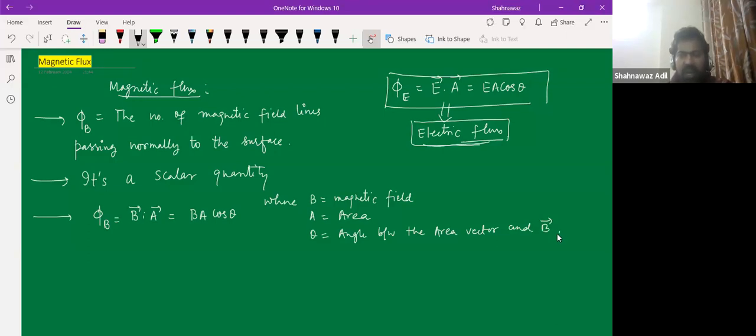If I ask you, let's say this is the surface, what is the direction of the area vector? Do you remember?